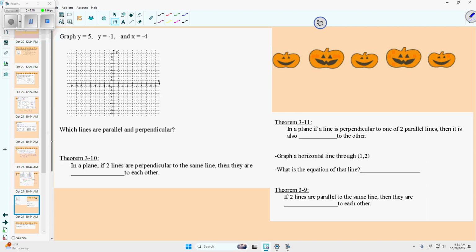As people sitting there staring, what kind of line is y equals 5? Horizontal. Draw me a horizontal line at 5. Horizontal is the horizon.